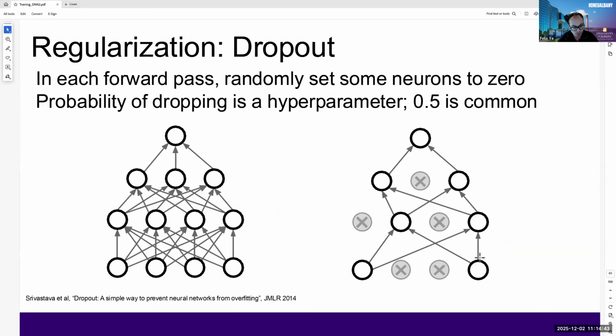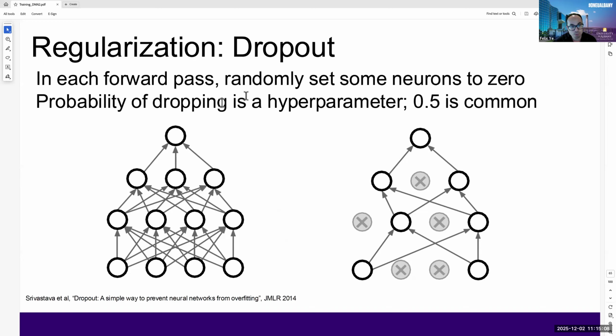Okay, so what we can actually do is a very important technique. Again, it was proposed more than 10 years ago. It's called dropout. This is a very particular regularization technique used in neural networks.